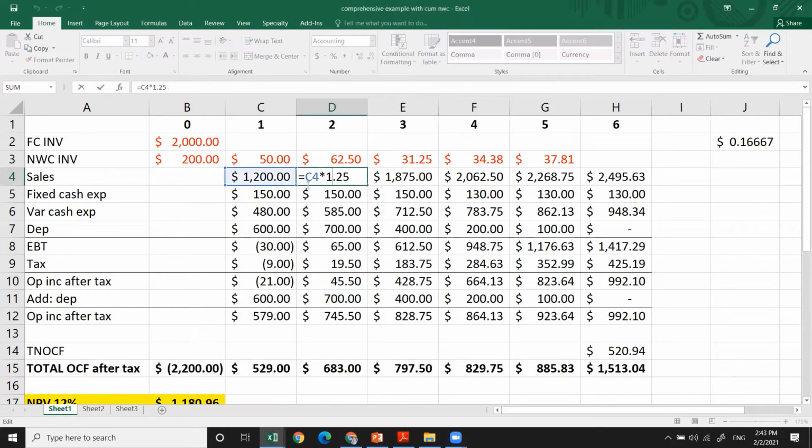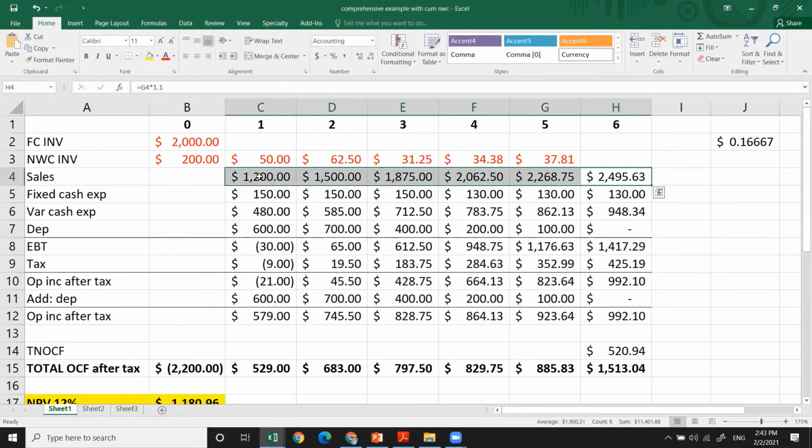So how did I get it? 1,200,000 multiplied by this, 1,500,000 multiplied by 1.25, and the last 3 years it will grow by 10%, by 1.10. Do you have any questions up to this moment? No. Okay.